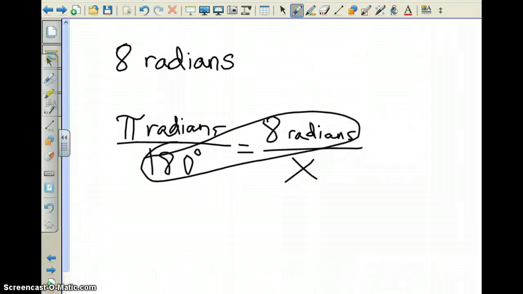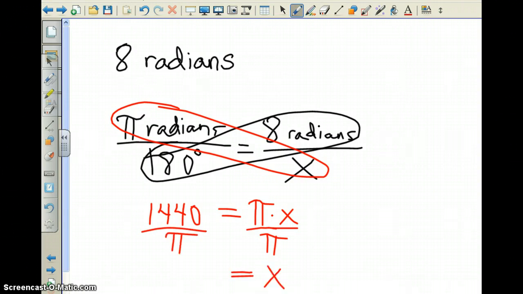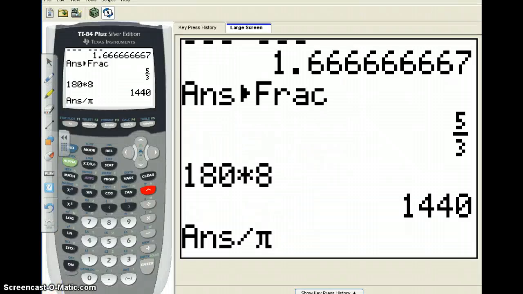So we're going to get 180 times 8, which is 1,440, which will equal pi times x. So to solve that for x, I'm going to divide by pi.